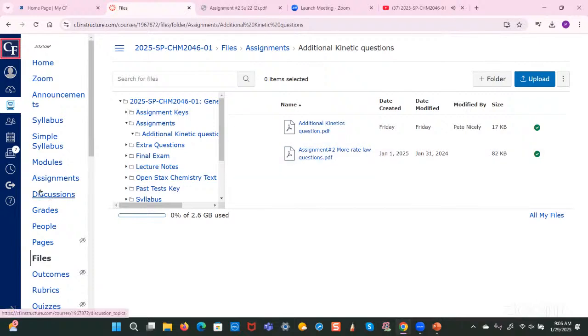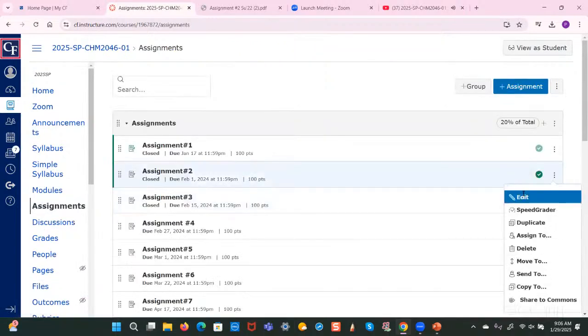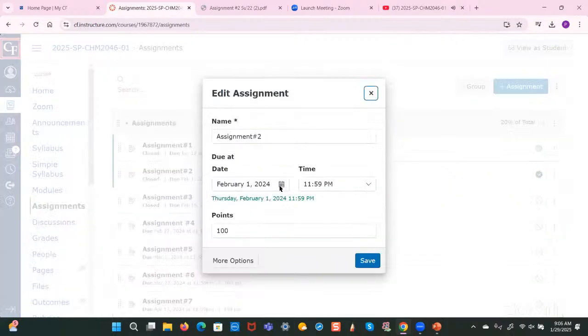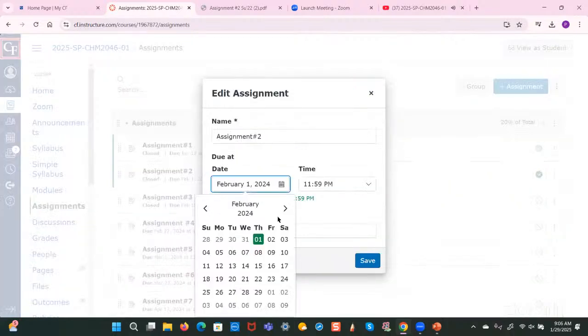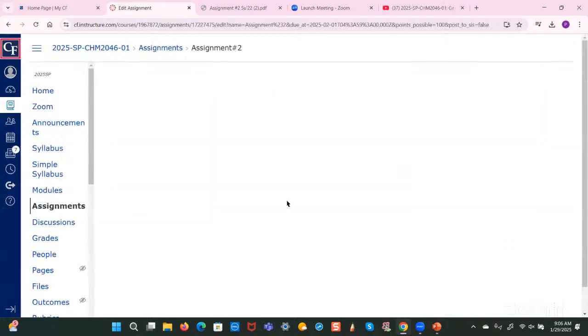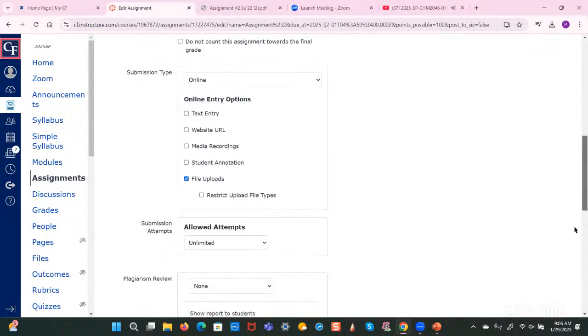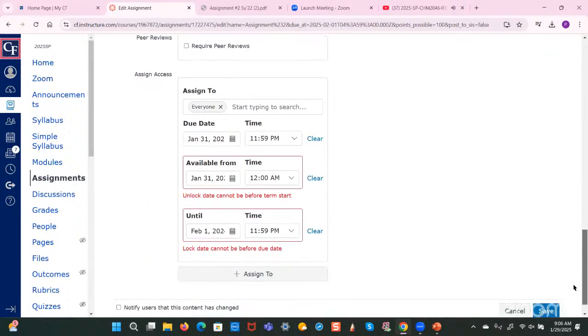In fact, let me now set up a Dropbox for this assignment. So this is assignment 2. I'm going to make the deadline Friday.